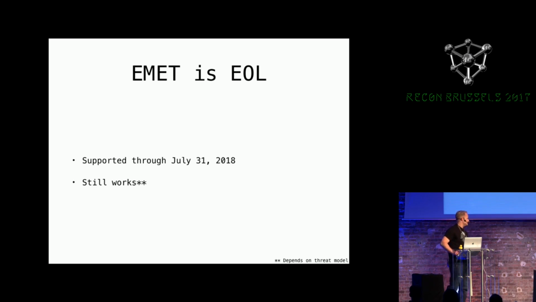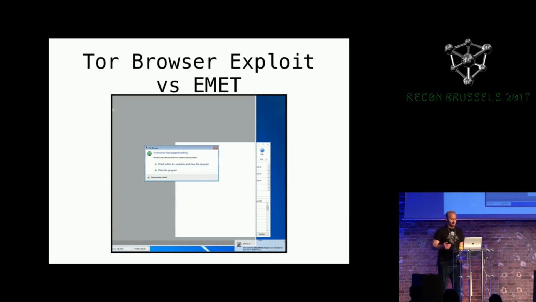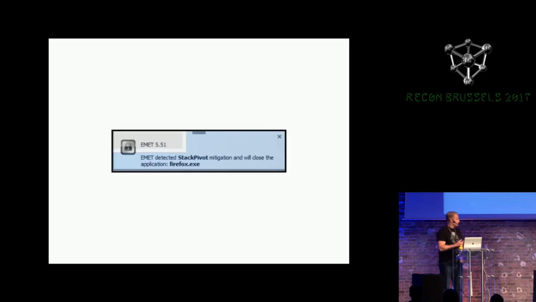And you can see I say it depends on your threat model, because this is the recent Tor browser exploit versus EMET. If some of these people who were doing the things they shouldn't have been doing had EMET, they wouldn't even have gotten to the payload, because this is a stack pivot mitigation, right?